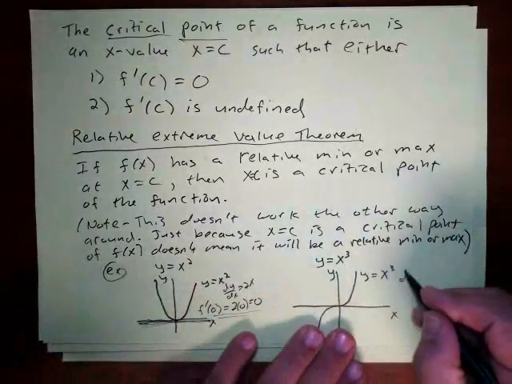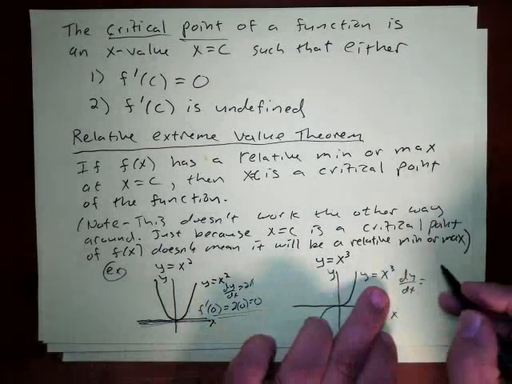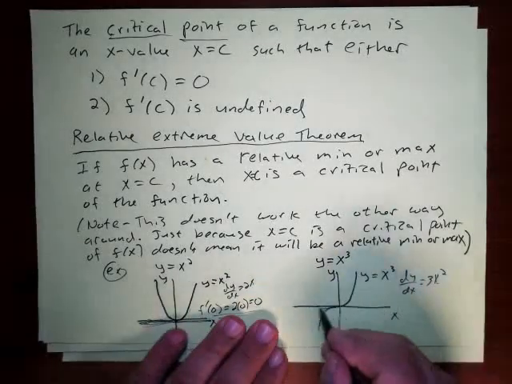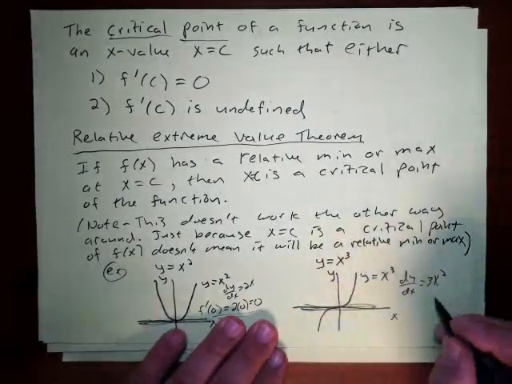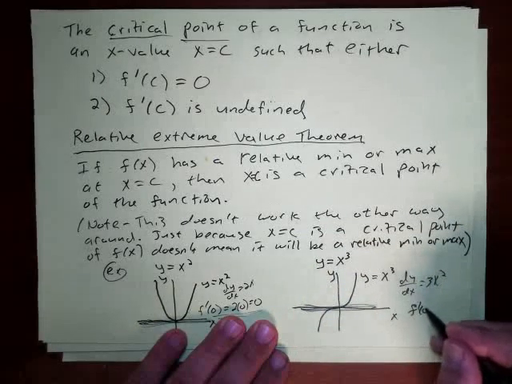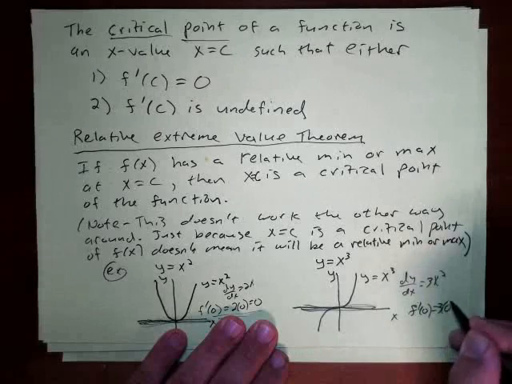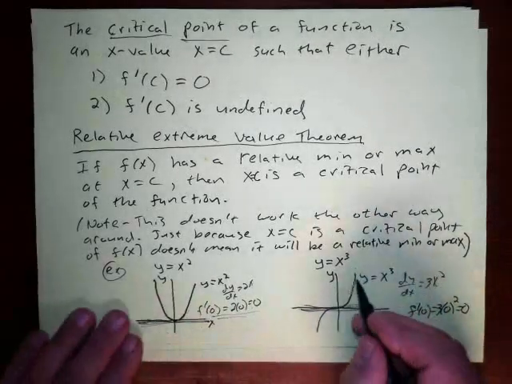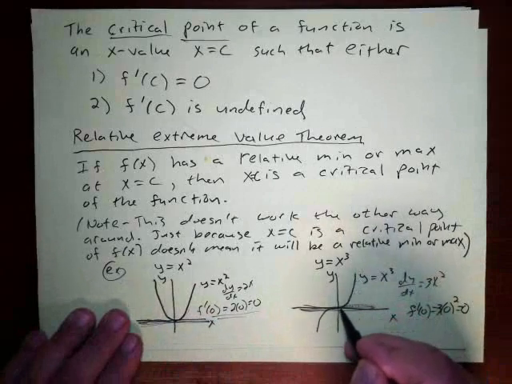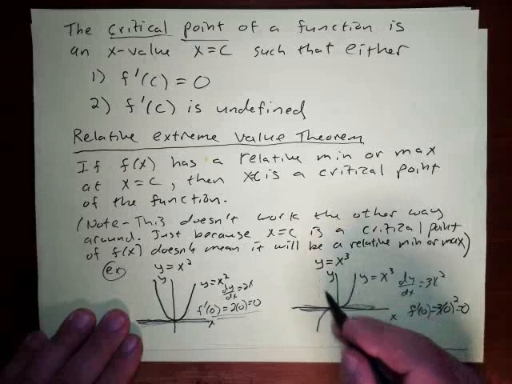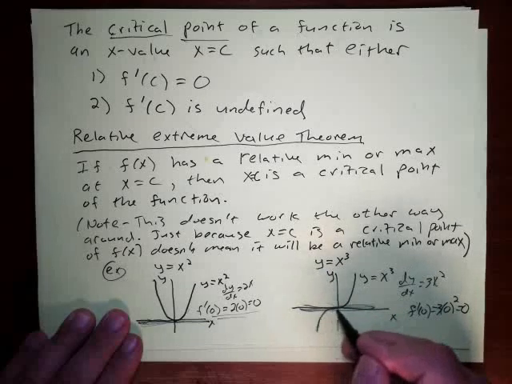But notice here, dy dx of x cubed is 3x squared, and at 0, f prime of 0 would be 3 times 0 squared, which is 0. In other words, this function flattens out here, but instead of going back up like a parabola, it's going down this way.